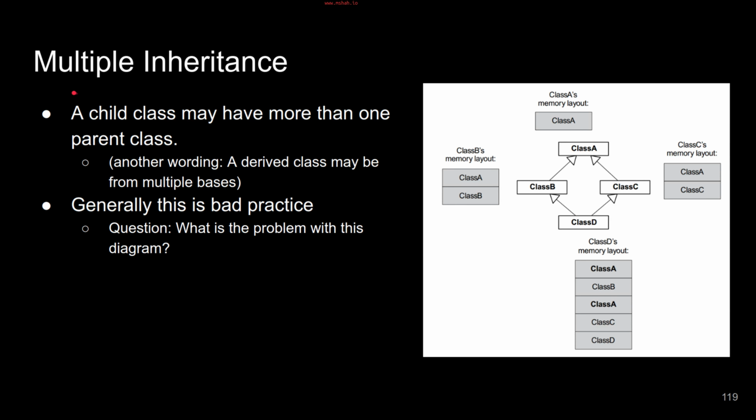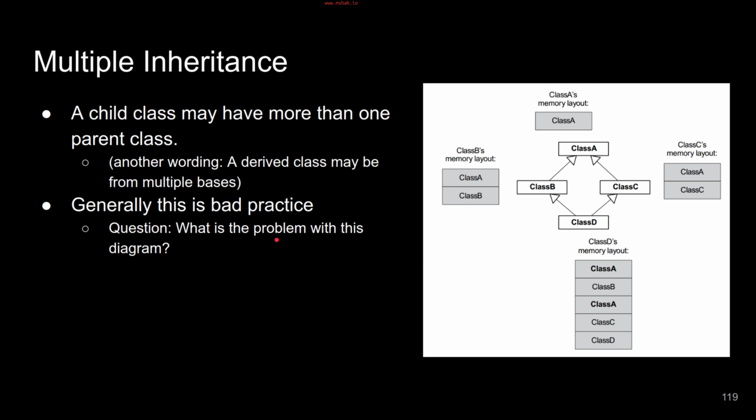You can also do multiple inheritance, which is not easily allowed in languages like Java, where you can have one class that's inherited from two other ones, and then you get this class D, and you get this thing called the diamond inheritance pattern. I'll give you a moment to pause and think about why this might be a bad thing.